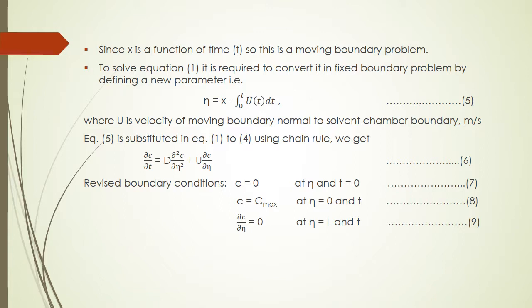We define a new parameter, eta, which is x minus the integral from 0 to t of u dt, where u is the velocity of the moving boundary normal to the solvent chamber boundary. Substituting the fifth equation into equations 1 to 4 and using the chain rule, we arrive at equation number 6 and revised boundary conditions. We have to solve equation 6 with the help of these revised boundary conditions to get the profile.